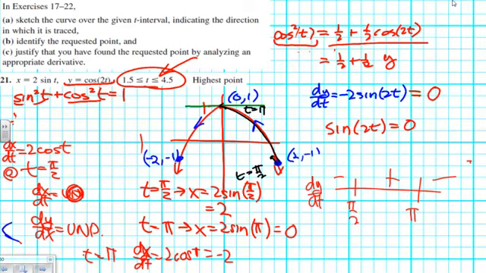So of course there's no highest point here, because y is falling from pi over 2 to pi, and then it's rising. And when we get to pi, it falls again. So we ended up making the chart anyway. After all that.